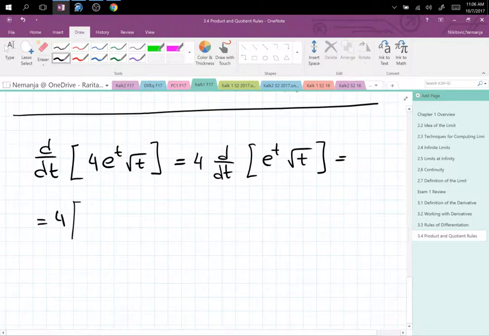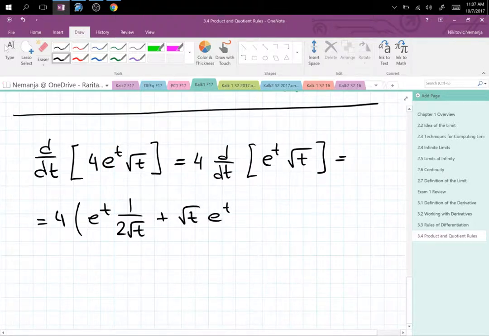Four, and now what do we have? Copy the first times derivative of the second plus copy the second times derivative of the first. We can kick e to the t out, and this time I'm not going to bother.